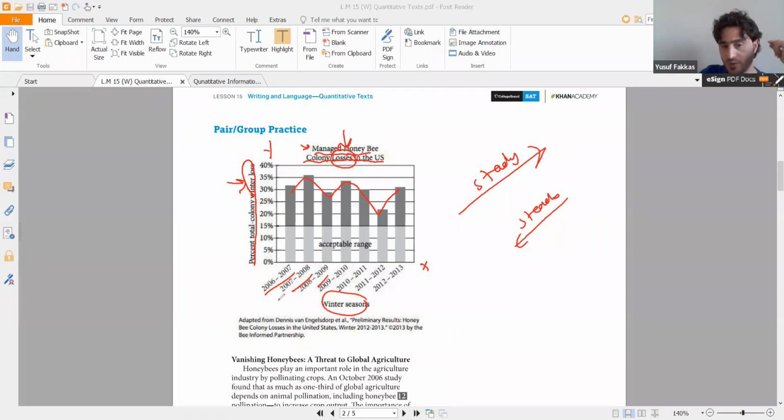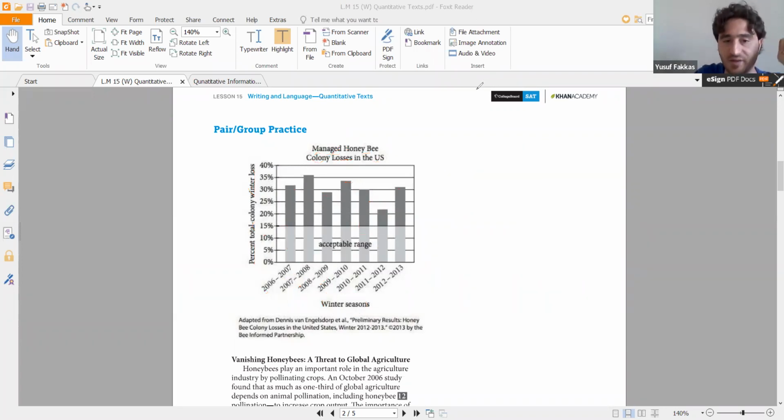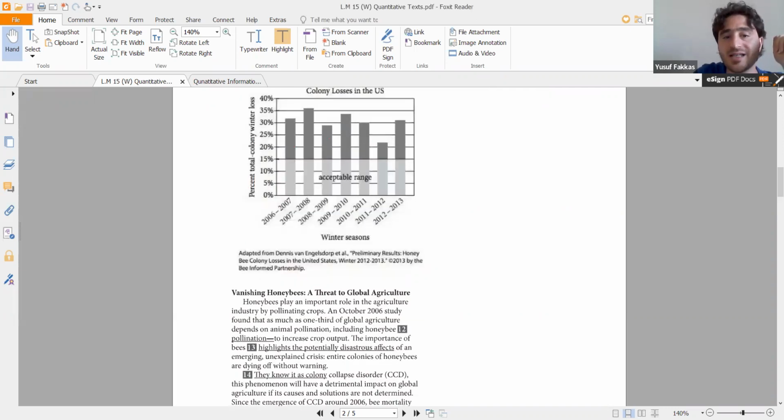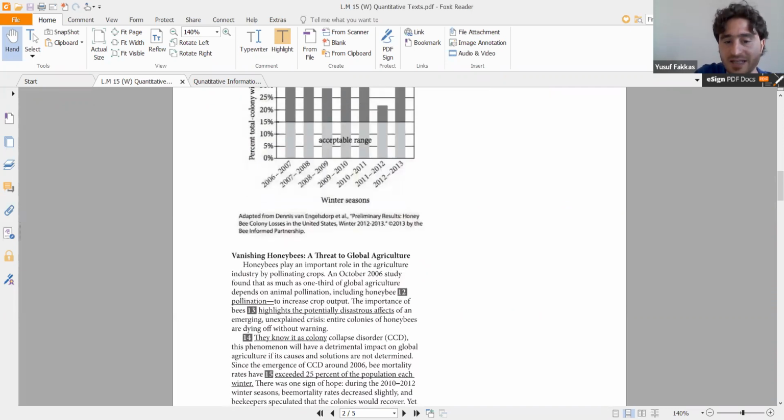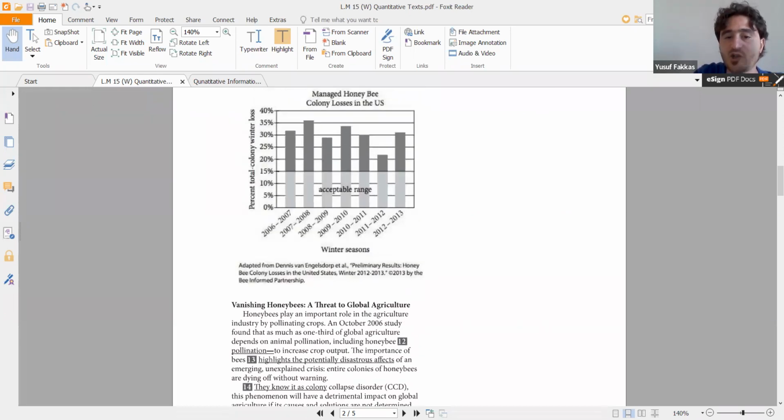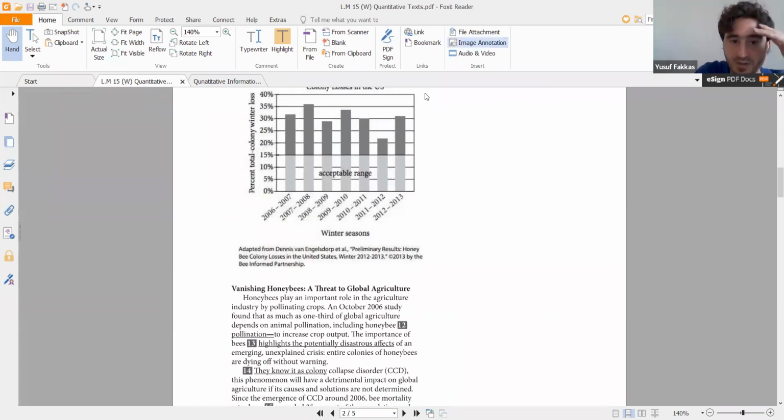Are there additional notes? Yes, they are telling us that when it's 15% or lower, this is an acceptable range. Above that, it's not acceptable. Okay? I've read everything that the passage is giving me. So of course we focus on the original sentence that says the rates exceeded 25% each winter.